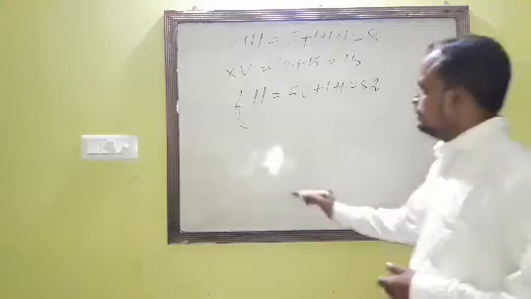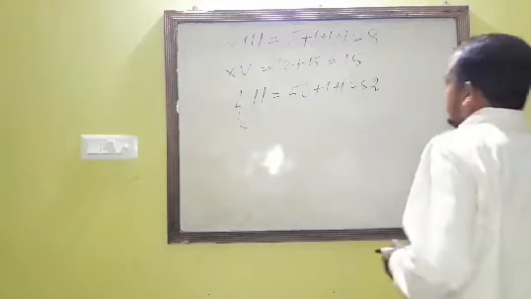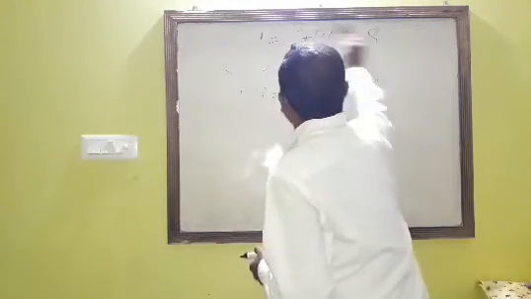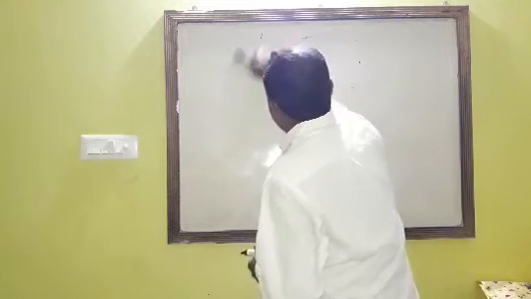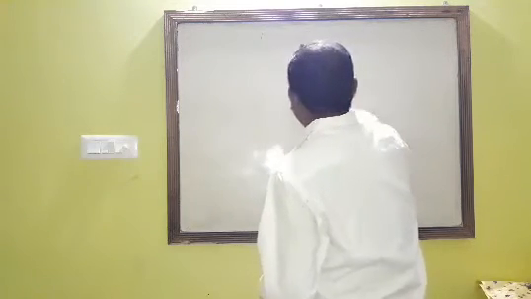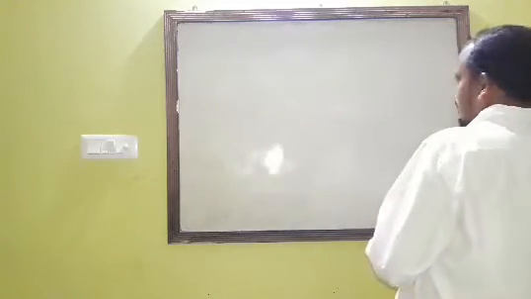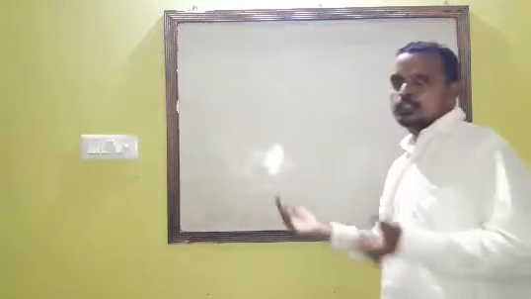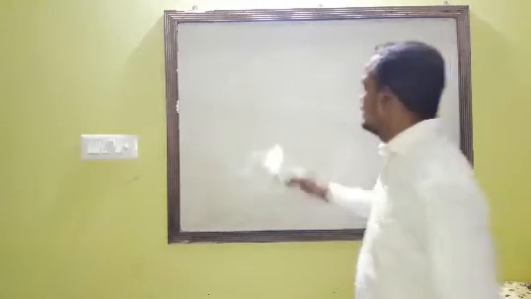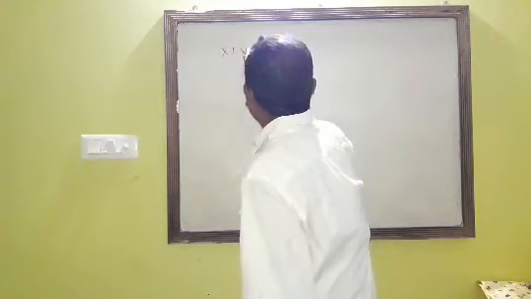Next rule. This is the fourth and final rule. Okay. When a Roman numeral of smaller value is placed in between two Roman numerals. Take the example of XIX. Okay.